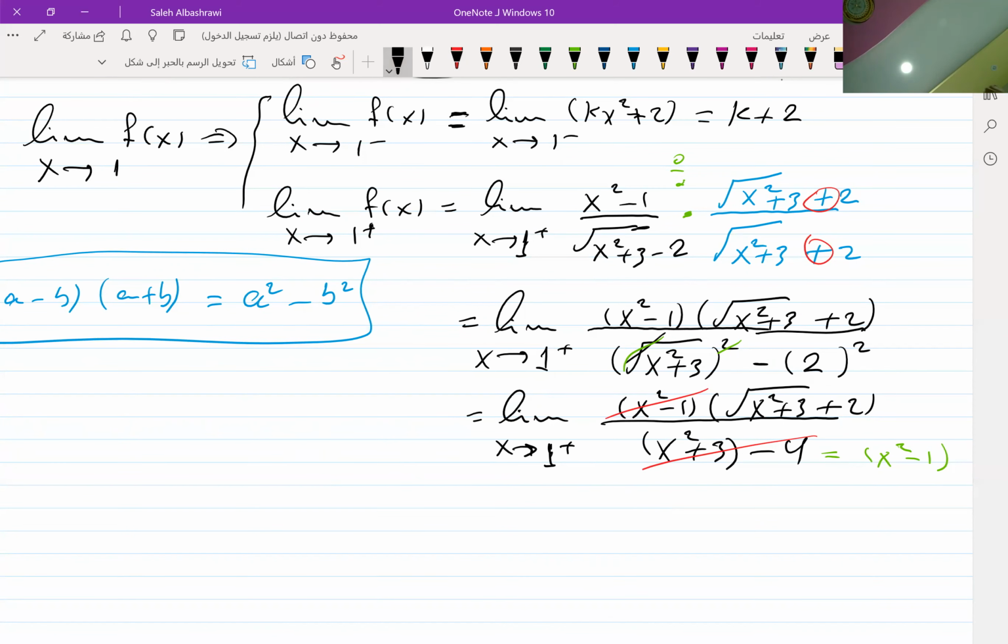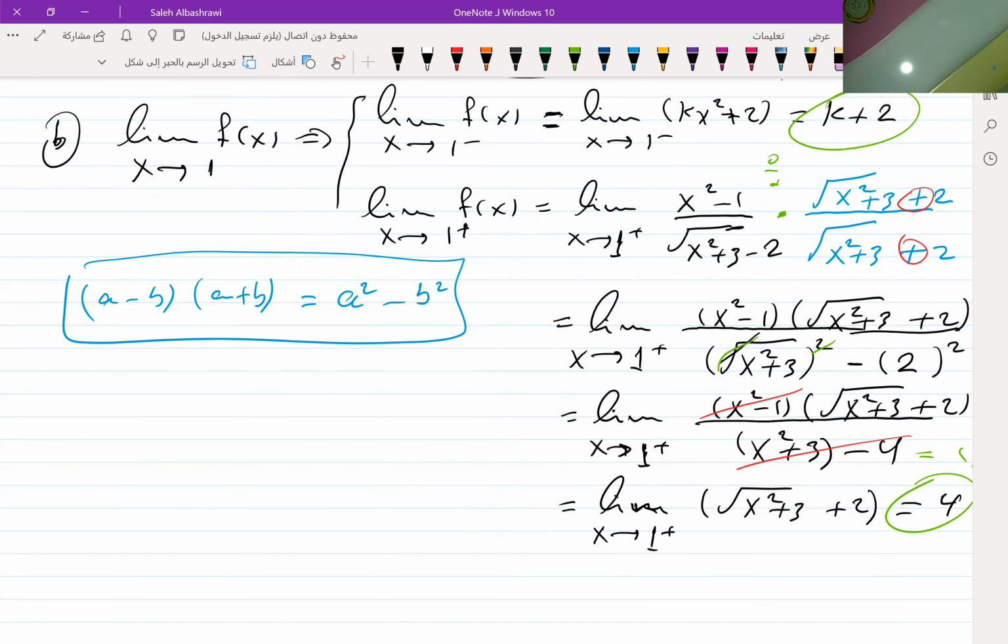Now replace x by 1. Square root of x squared plus 3 plus 2: if we replace x by 1, I will have 1 plus 3 is 4, and the square root is 2, plus 2 is equal to 4. Now this is the right limit, and we have the left limit.